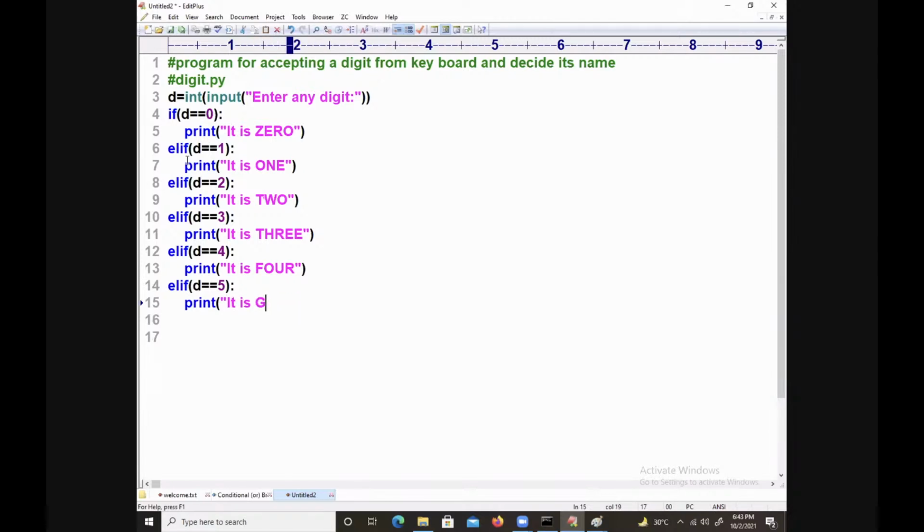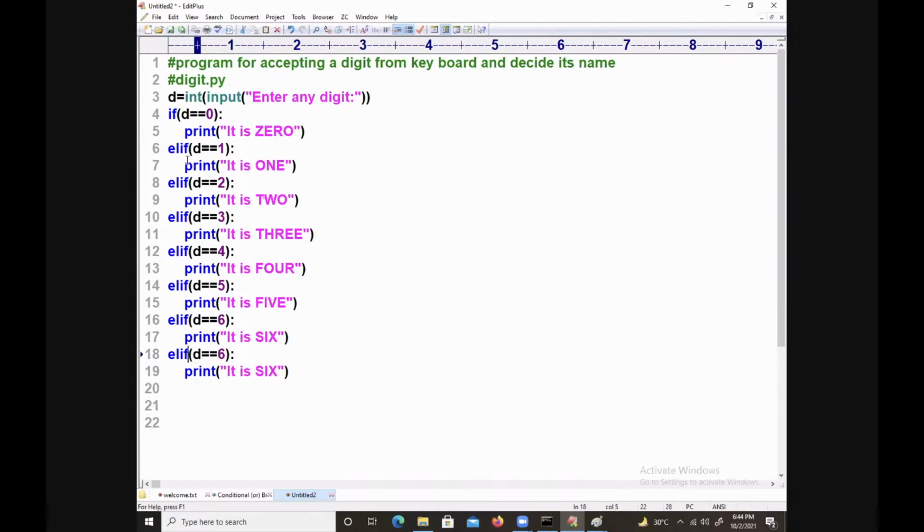Next I am writing d == 6. Now I am writing 6. So it is 6. Happy. Next is called what? I will take the same logic.